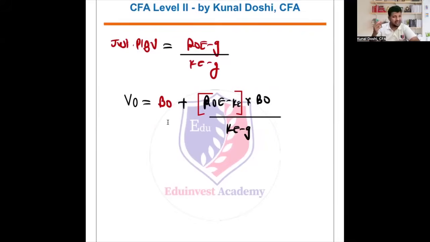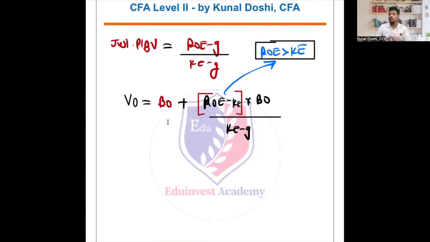So if you see here, the conclusion derived by both is almost the same, because in the justified price to book value, the ratio is higher if the ROE is greater than cost of equity. Here also, the ratio will be higher than the current book value, same thing. If the ROE is greater than cost of equity, then the value of the company will be higher.